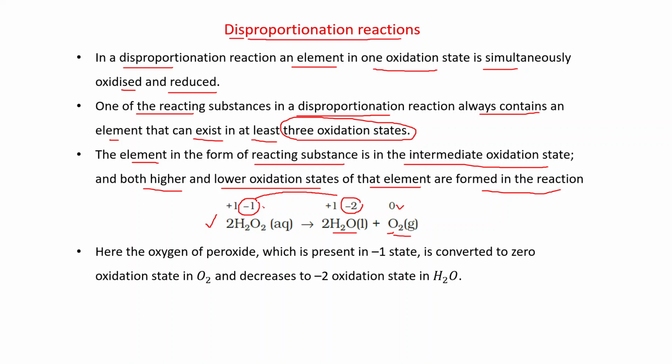Again, if you compare -1 to 0, increase in oxidation number, this is oxidation. So we can say oxygen of H2O2 is oxidized as well as reduced. Here, the oxygen of peroxide, which is present in -1 state, is converted to 0 oxidation state in O2 and decreases to -2 oxidation state in H2O.